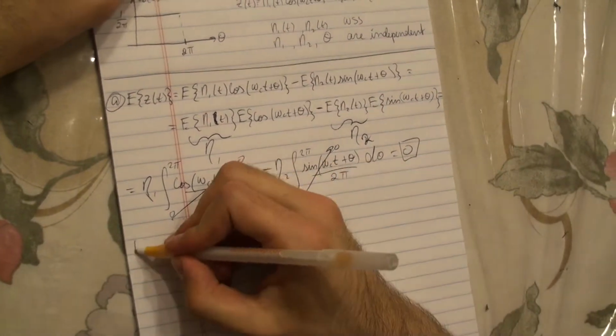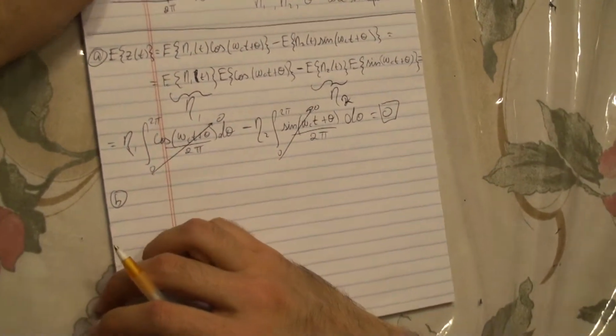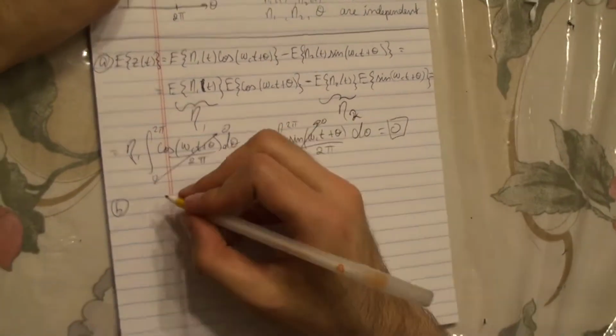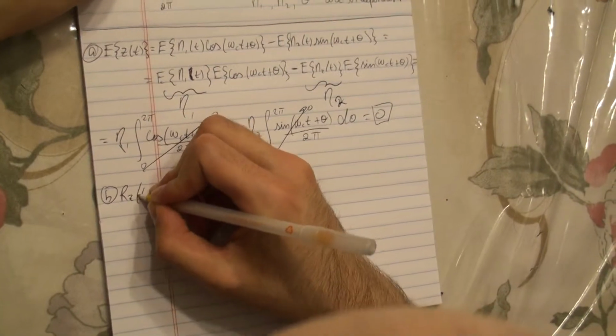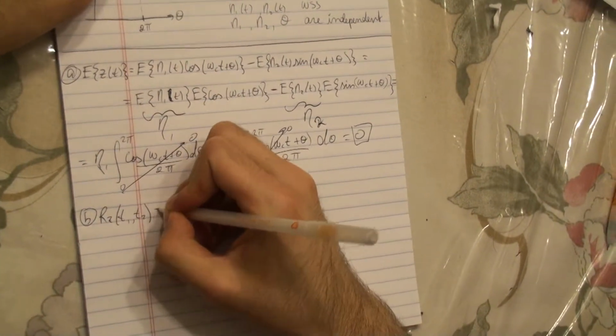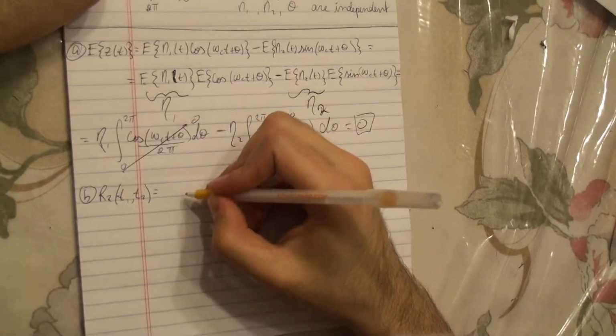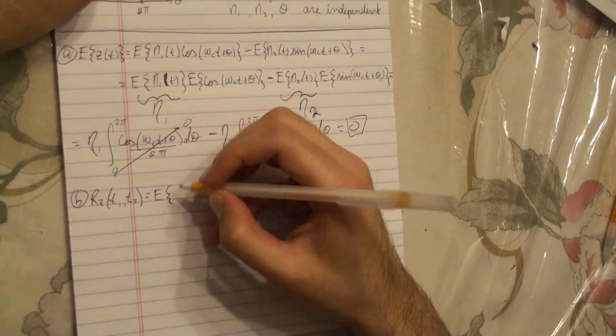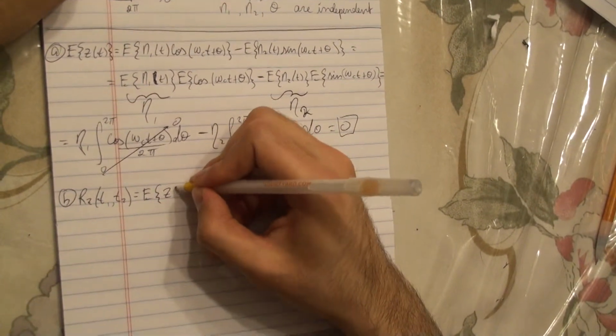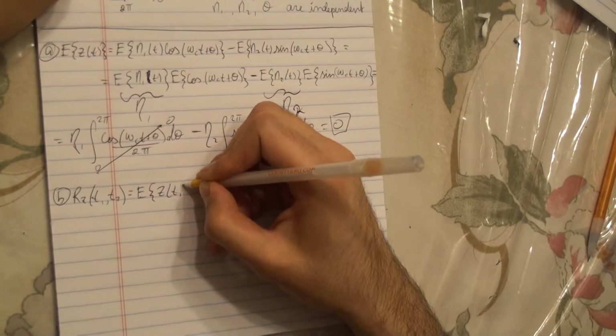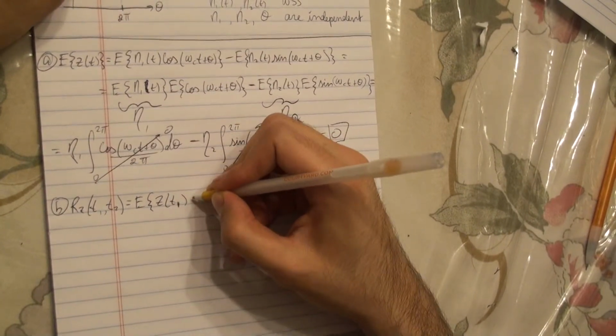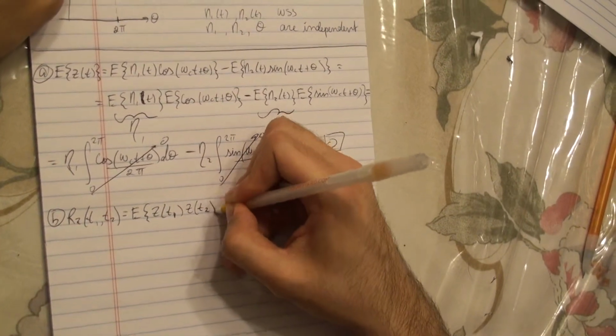That's part A. Part B wants us to find rz of t1, t2. So they want rz, t1, t2. And that's going to be equal to expected value of z of t1 times z of t2.